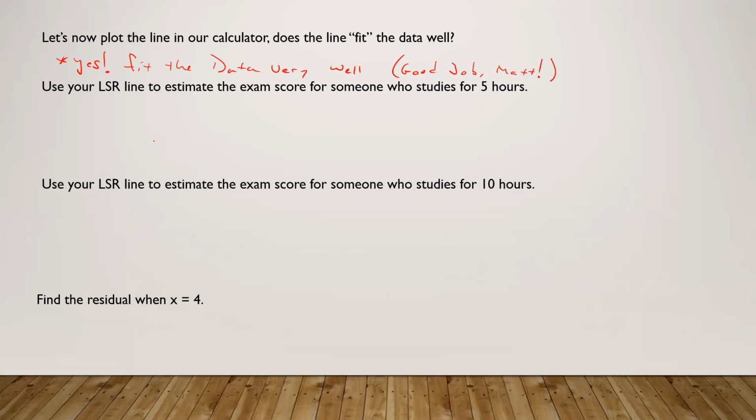Okay. So the next sentence says, use your least squares regression line to estimate an exam score for someone who studies for 5 hours. Okay, so this was our equation. Y is equal to 5.0333 times X plus 45.0835.